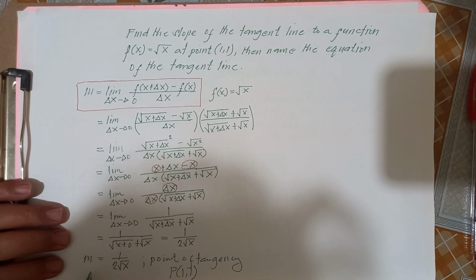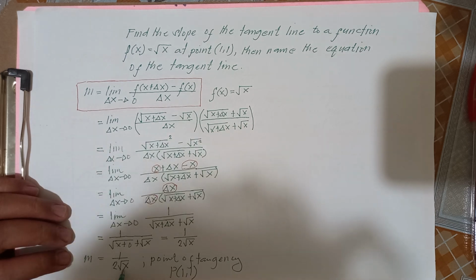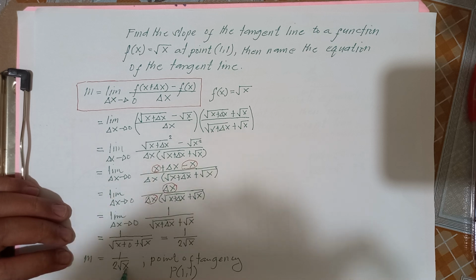Having said that one, our slope now is the same as we substitute your x in here. So what is your x? That is 1. So 2 the square root of 1. What is that? 2 multiplied by 1. And so our slope now is actually 1/2.